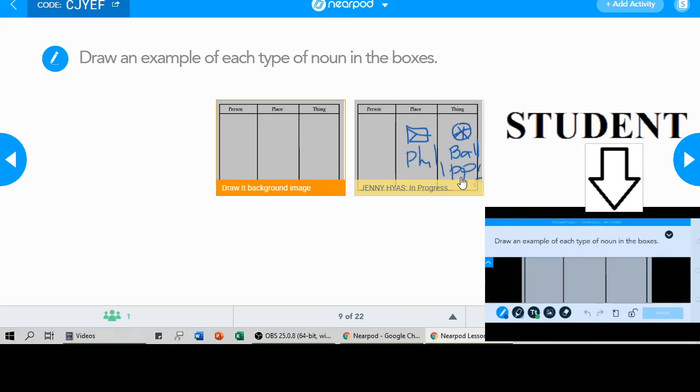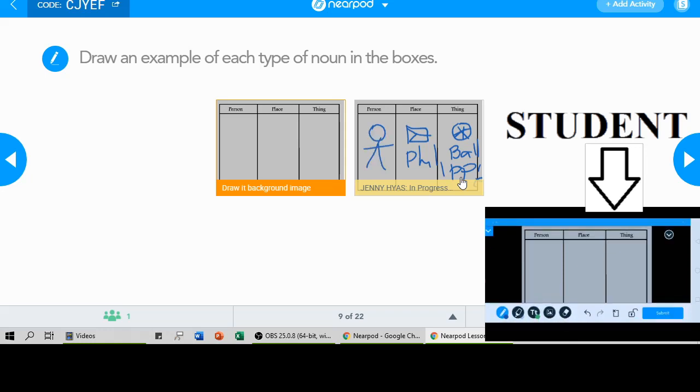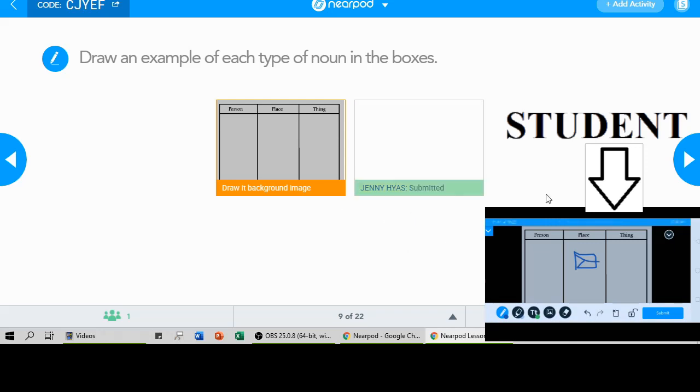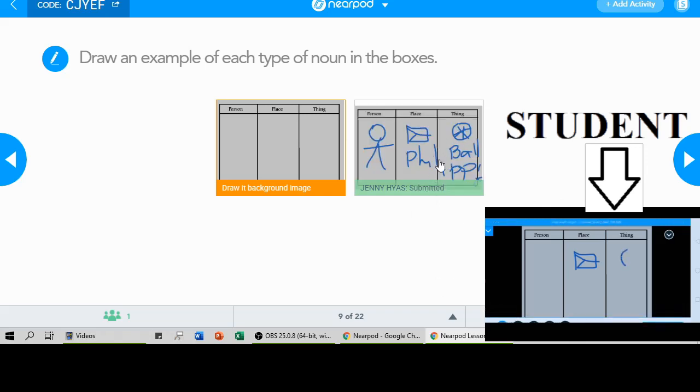The good thing about Nearpod is that you can interact with the student and you can see what the student is doing right this time. Now our student is in progress and soon Jenny has already submitted her work. Next.